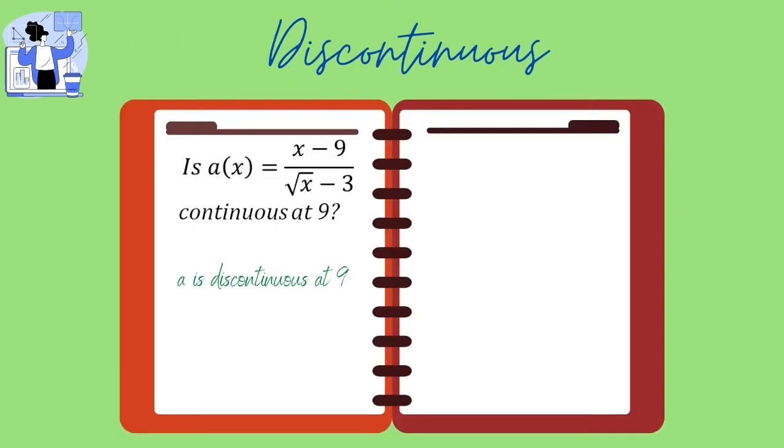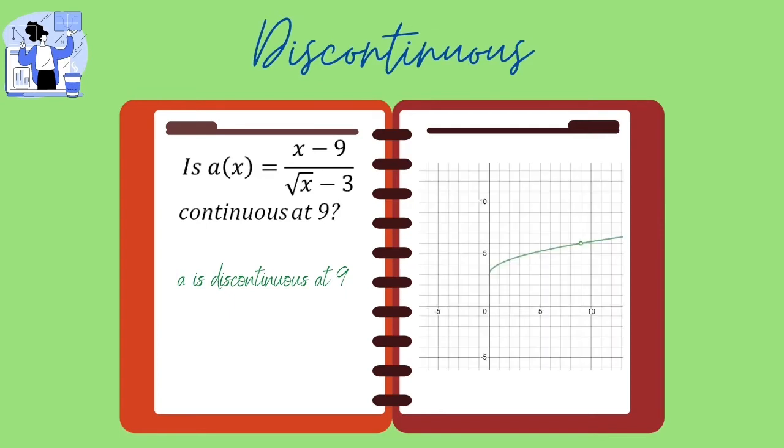In this first example, the function is discontinuous at 9. Looking at its graph, we find a hole at x equals 9.